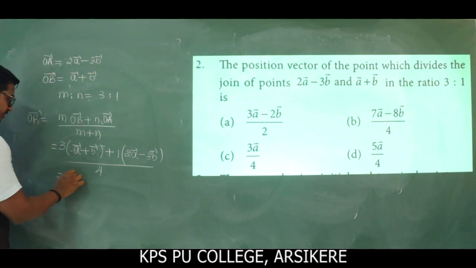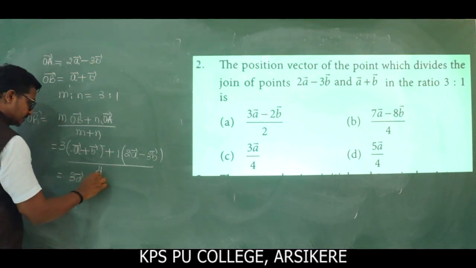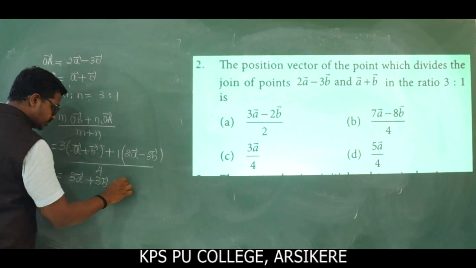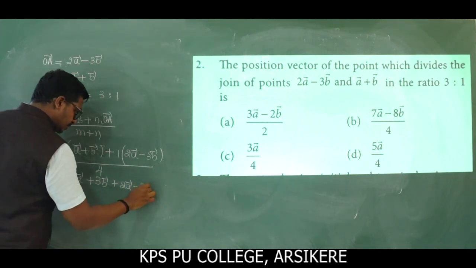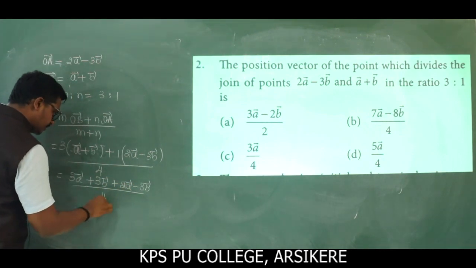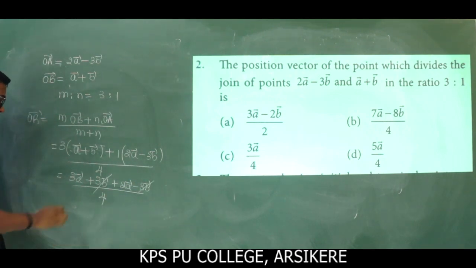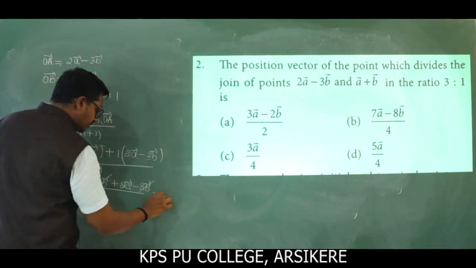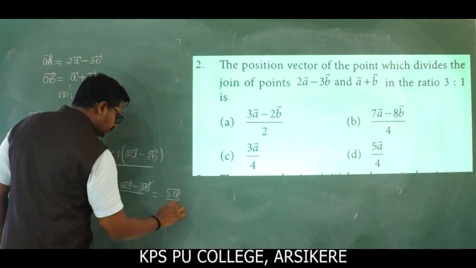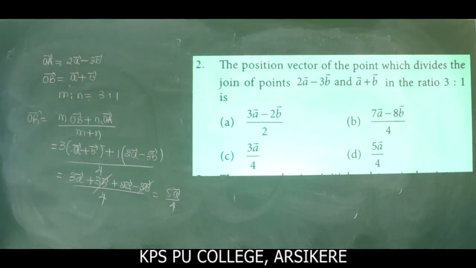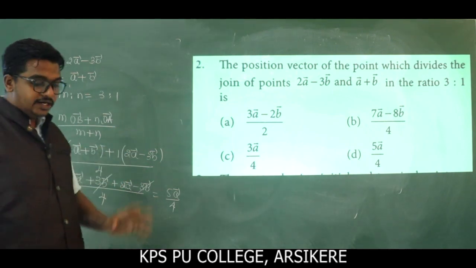On simplification, this is 3A plus 3B plus 2A minus 3B divided by 4. The 3B and minus 3B get cancelled. 3A plus 2A is 5A. This is vector 5A divided by 4. This is our answer. Take a pause and note it down, and the answer is option D.